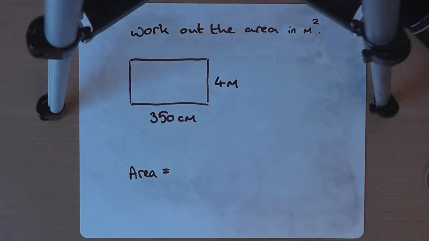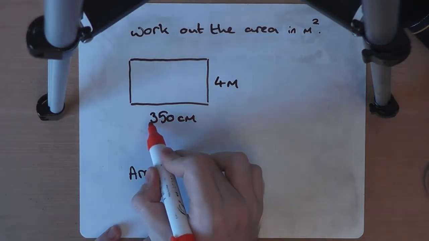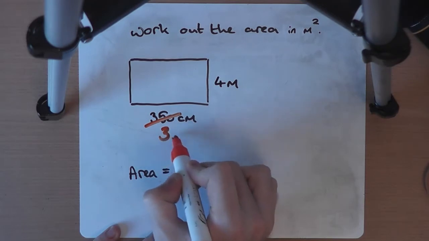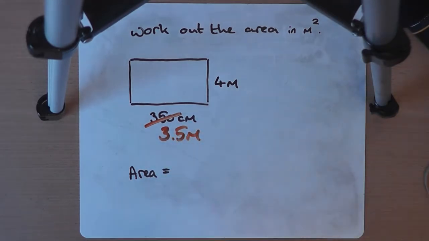The 4 metres already is, the 350 centimetres however is not, so we need to convert that to metres so that we can work with the right units all the way through the question rather than trying to faff about converting at the end. It's simpler and more correct to convert the units to what we need at the beginning of the question. So 300 centimetres will be 3 metres, 400 centimetres would be 4 metres, so 350, halfway between, is 3.5 metres.